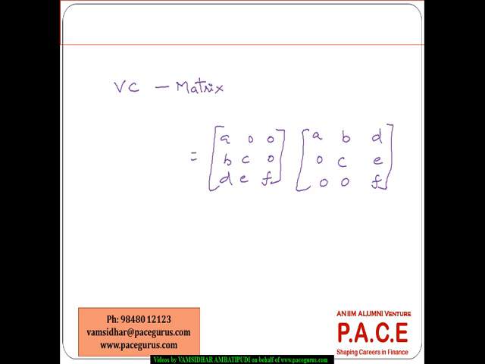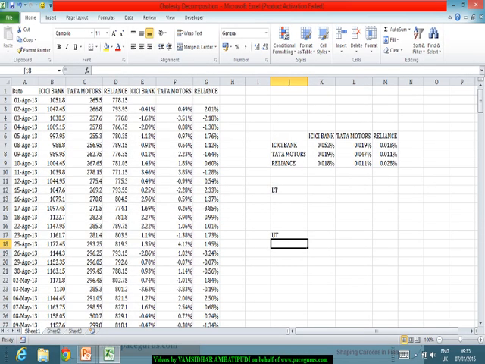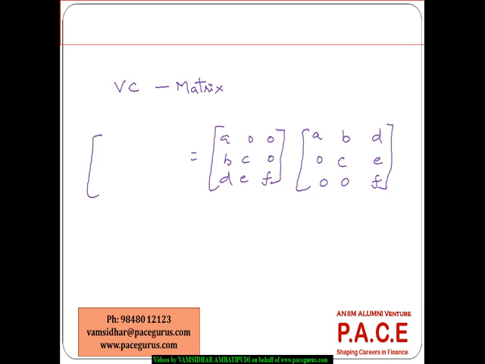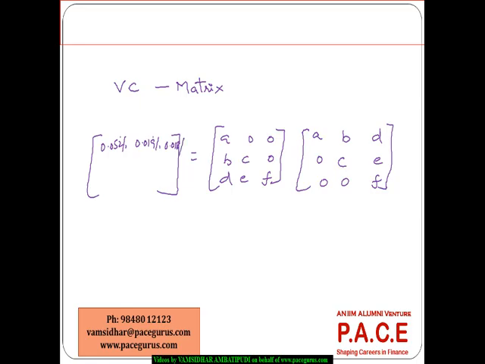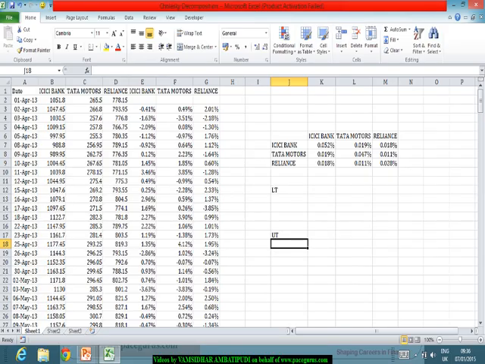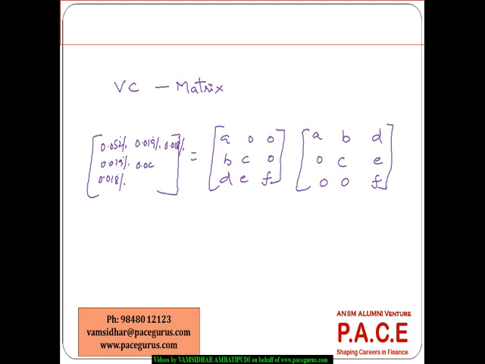What this Cholesky decomposition says is you take your variance covariance matrix, whatever is there: 0.052%, 0.019%, 0.018%, again 0.019, 0.018, then it is 0.047, here you have 0.028 and one more number 0.011.